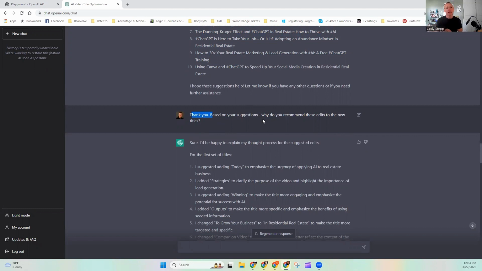Not only does it help me learn what its decision-making process was, but in validating why did you do this, I can look at the logic behind it and start to figure out, okay, is its logic sound? Was this good advice? Was this not good advice? Should I take the advice of ChatGPT when I'm tweaking and refining these to ensure that I am putting out good information into the world? So why do you recommend these edits to the new titles?